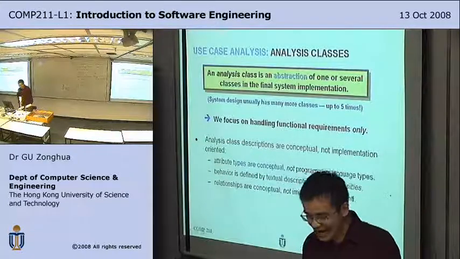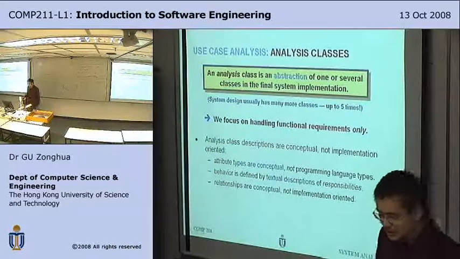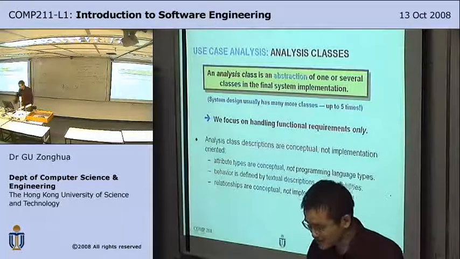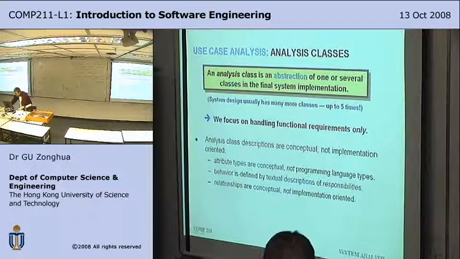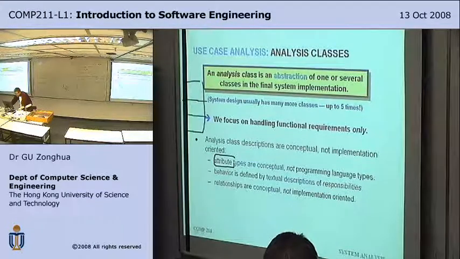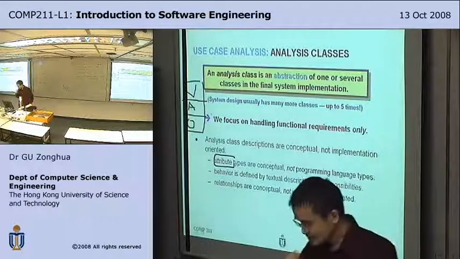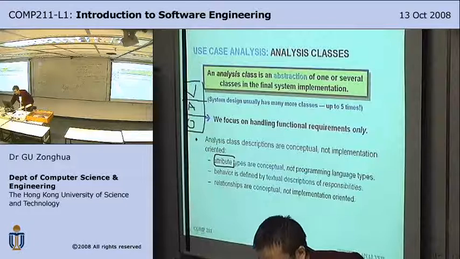So analysis class descriptions are conceptual, that is, not implementation oriented. They may have attributes. If you recall, classes have these 3 compartments, right? You have a name, you have attributes, you have operations. So of course they have an analysis class name.